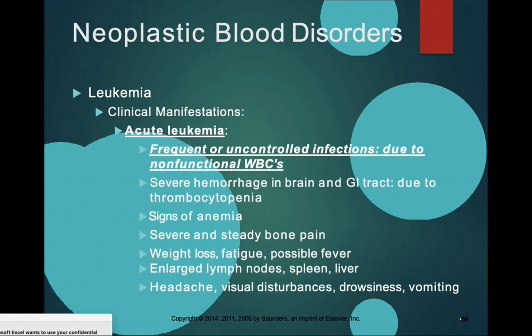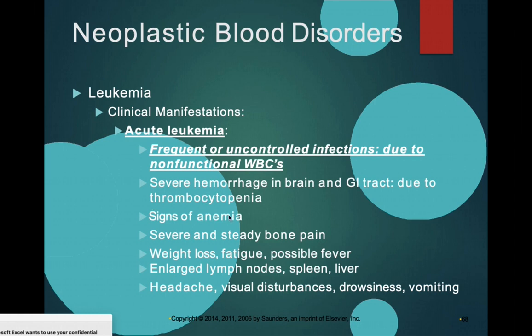With acute leukemia, frequent or uncontrolled infections. I opened up with this. I said, even though there are more white blood cells, because they're non-functional, these people have more infections. Okay, there can also be severe hemorrhaging in the brain and the GI tract due to thrombocytopenia, meaning decreased platelets.